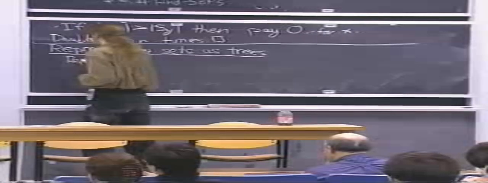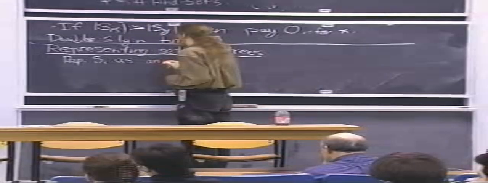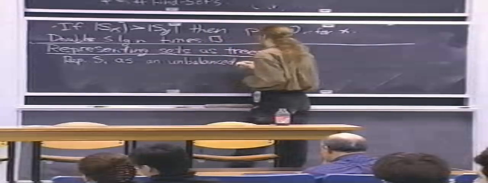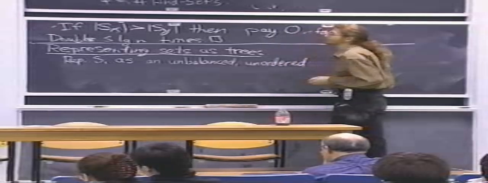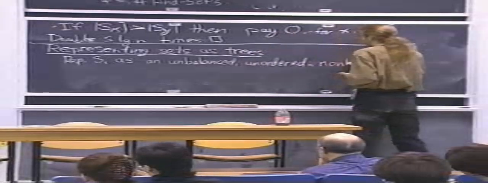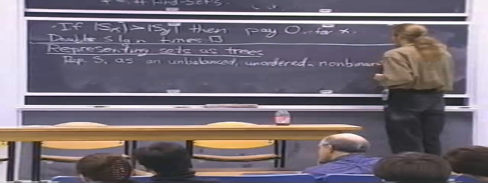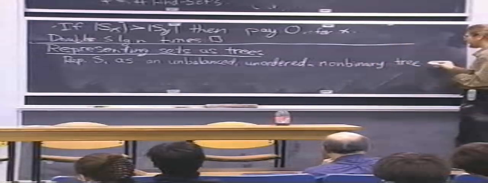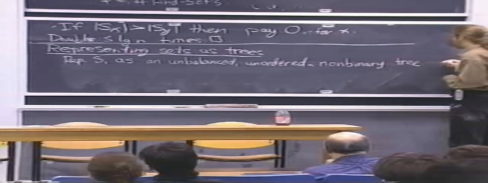So we'll represent every set Si as an unbalanced tree. I want lots of adjectives. It's unbalanced. It's unordered. And one more word I'd like to apply: non-binary. It doesn't have to be binary, because all I need to do is go up in the tree. I don't care about going down in the tree. So why not make it non-binary? Each node can have as many children as it wants. It's like a free society.